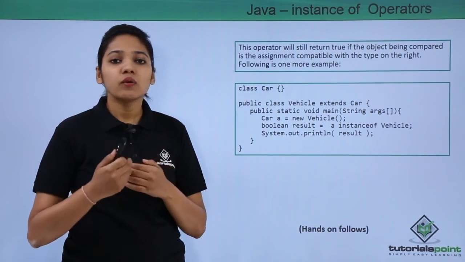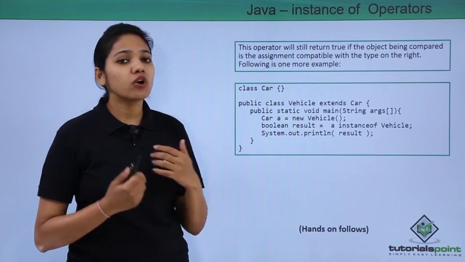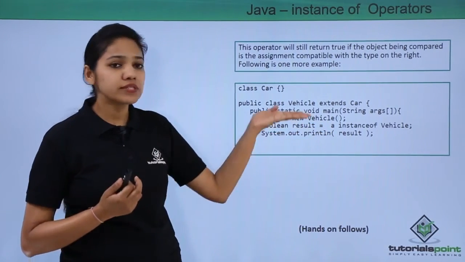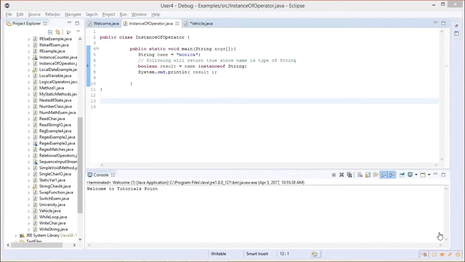Going forward, whenever you have to check an is-a relationship, it is always recommended to use a comparison operator. We have created a class called InstanceOfOperator to check if a particular object reference variable is an instance or a type of a particular type or not. The class name is InstanceOfOperator with the main method.